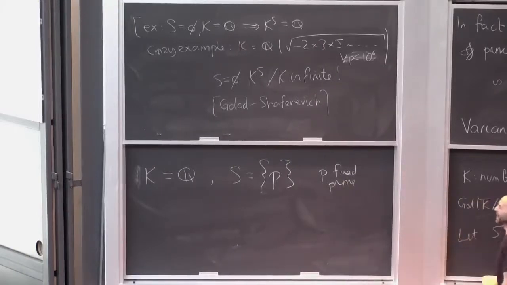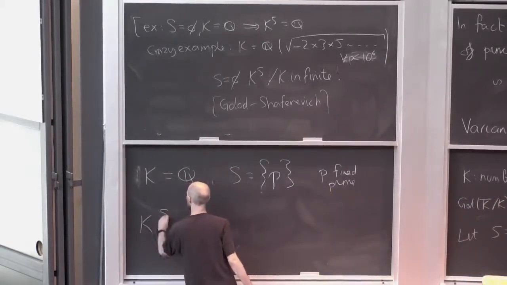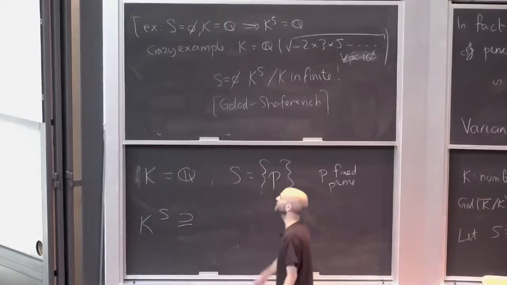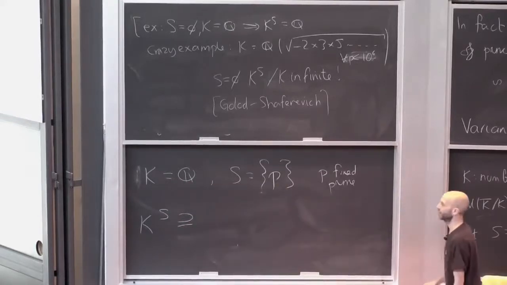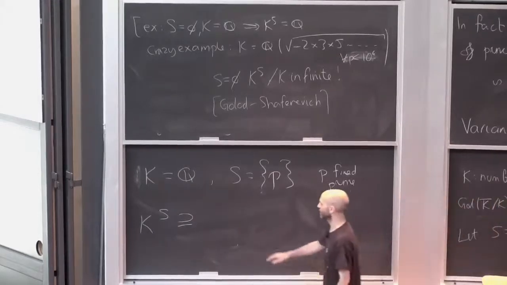And I don't really know what K_S is in this case. I don't really have any good understanding of this K_S. But I know for sure that this K_S will contain, if I can think of a number field which is unramified outside P, then at least I'll be able to show that that's contained in K_S.